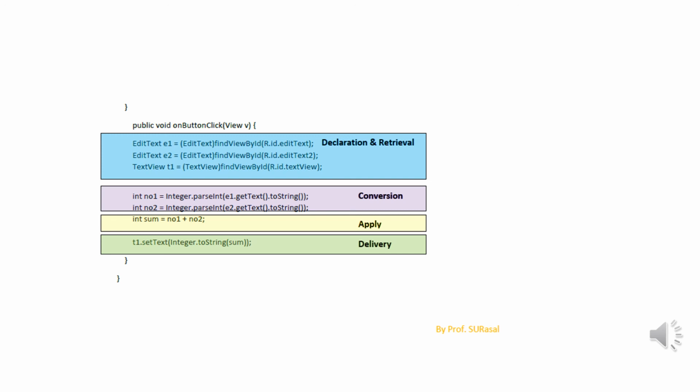So for this purpose you need to convert the received information into the desired data type. In this case it is a very simple example which adds two integers only, not even doubles.